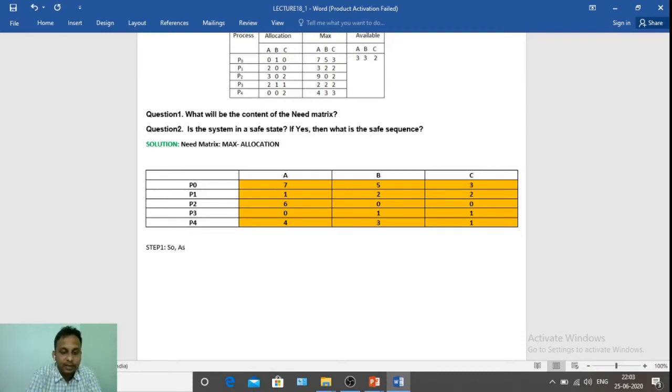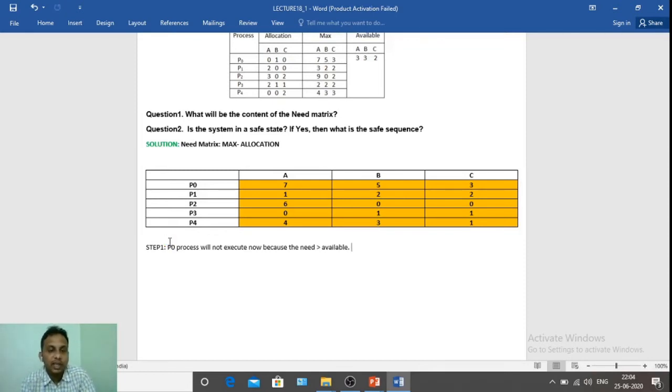As per need matrix, we can say that the P0 process will not execute now. Why not? Because the need matrix is greater than the available. So P0 process will not be able to execute.